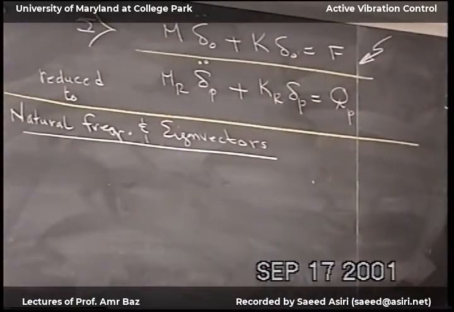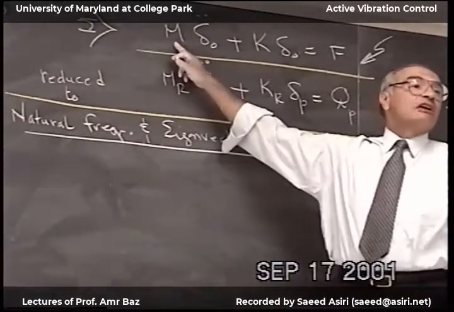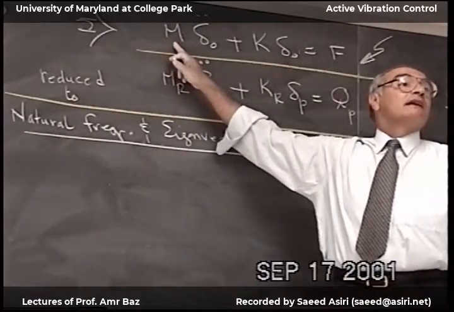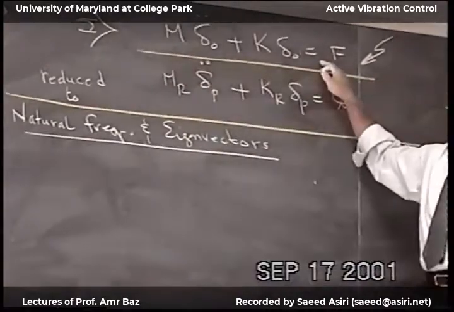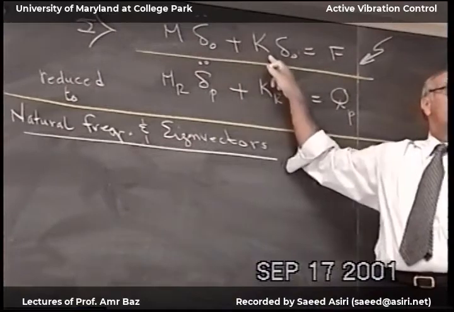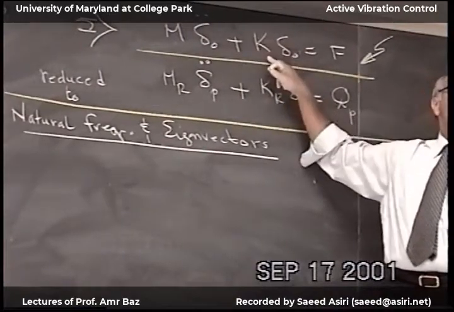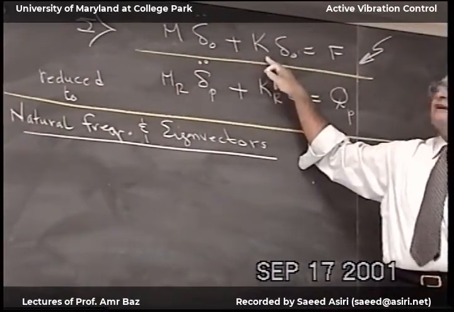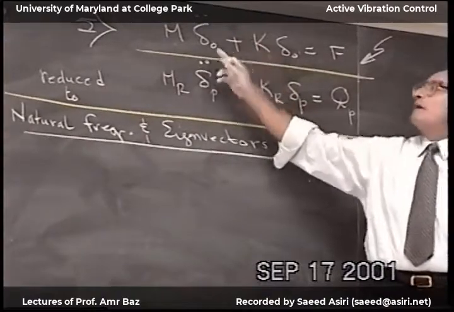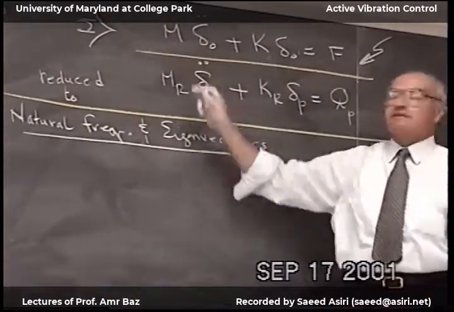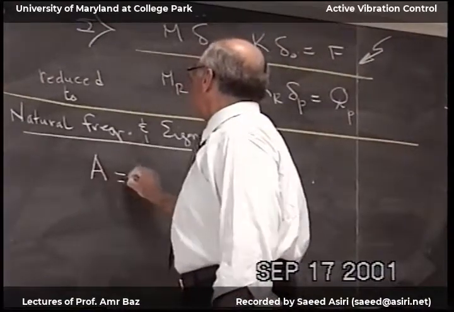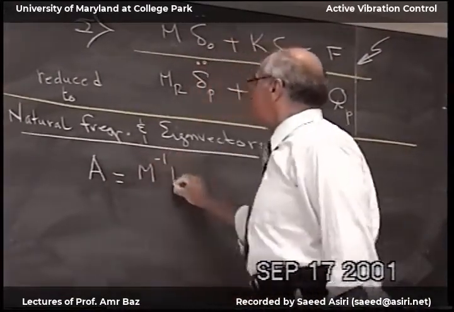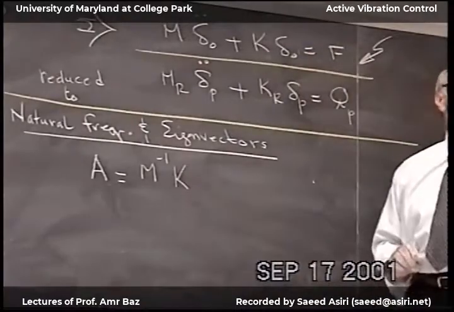We can get this by, if this is a single degree of freedom system and I want to get the natural frequency, this is a scalar equation. So I'll divide by m. So this will be k over m, which is omega squared. If it is a matrix system, I'm going to invert this. So now I'm going to look at matrix A, which is m inverse k.